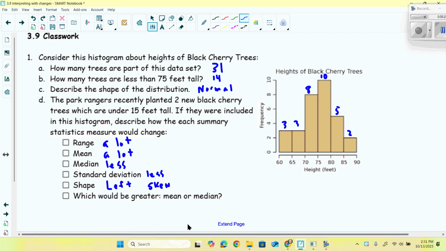Probably use a box and whisker. And which would be greater, the mean or the median? Because we're adding a bunch of extreme values that are on the low end, the mean is significantly brought down. So our median would be a greater value. It would cross out those low values and end up more in this range. But the mean would be greatly affected.